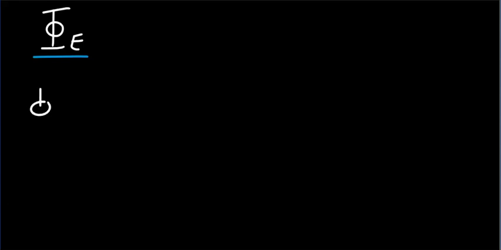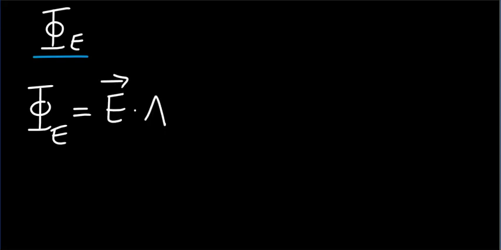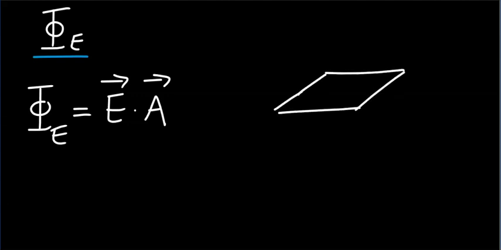Electric flux is defined in the following manner. It is a dot product of the electric field and the area vector. So say that we have a surface, a flat surface like that, with area A meters squared. We already know that the normal vector is heading like that, n hat.